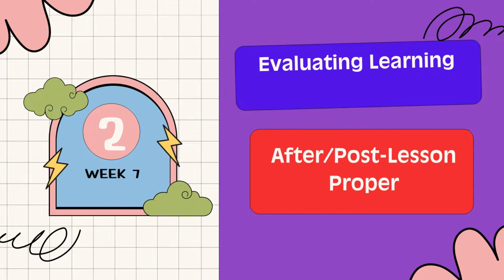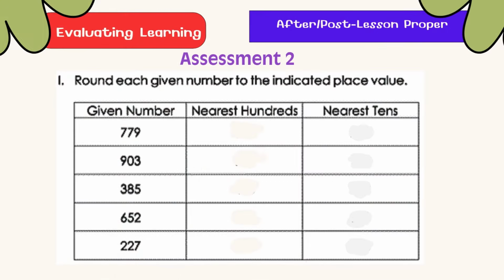Evaluating learning. Assessment number 2. Part 1. Round each given number to the indicated place value.